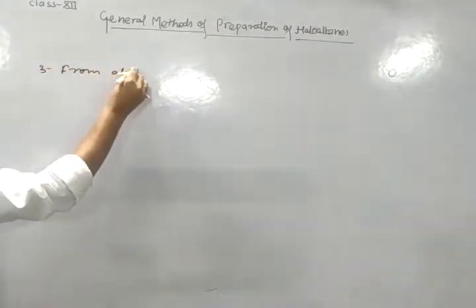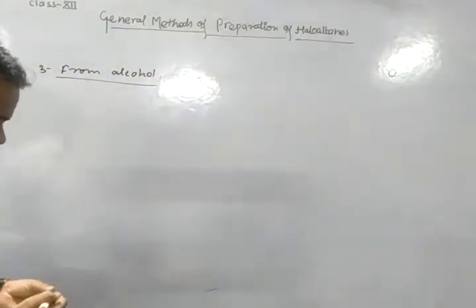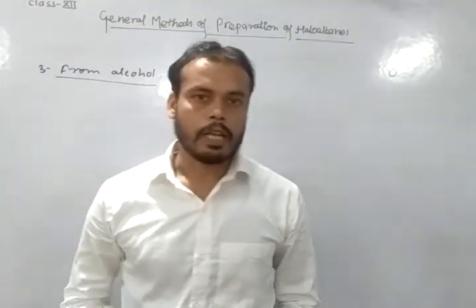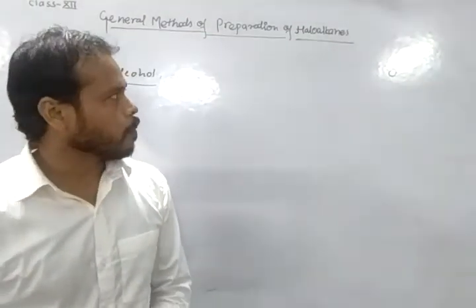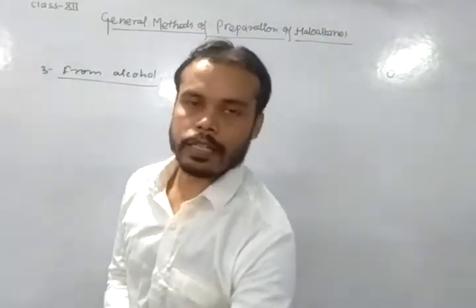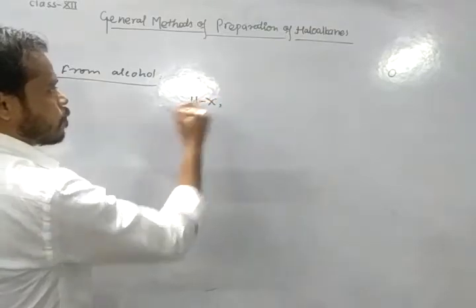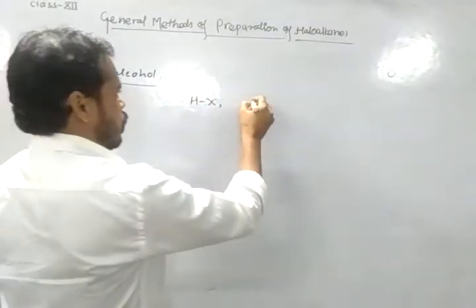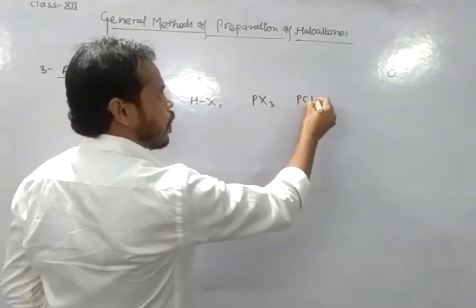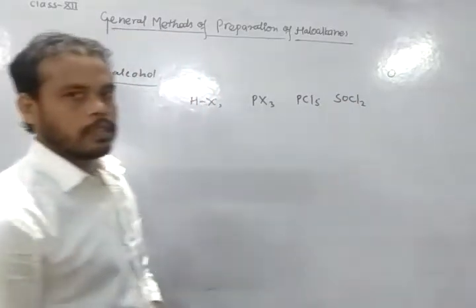From alcohol we can prepare haloalkanes by using different reagents like HX, PX3, PCl5 and thionyl chloride.